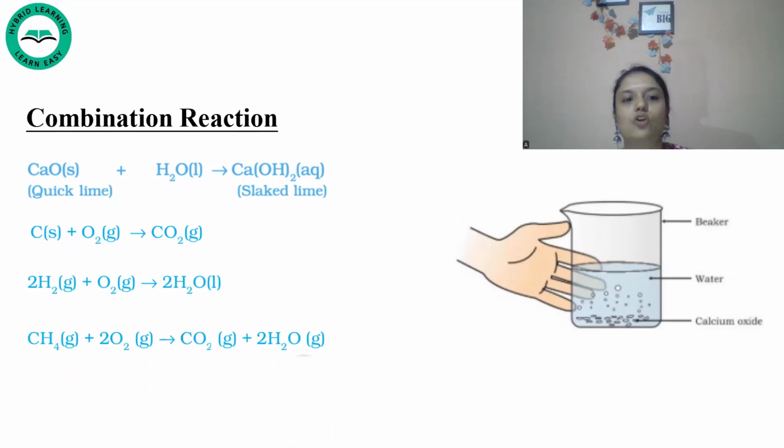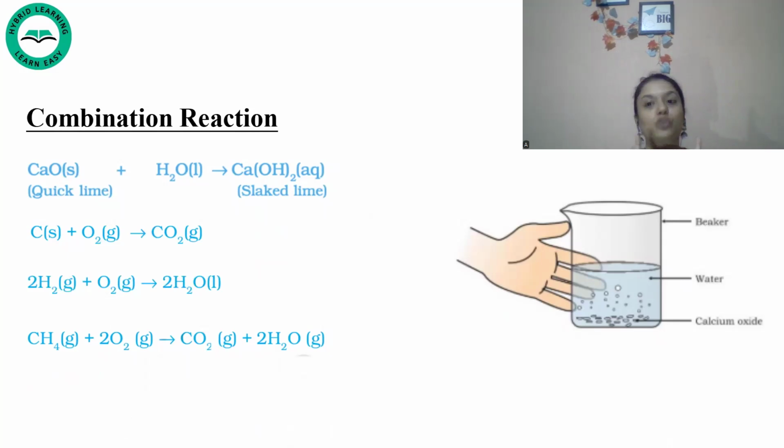Carbon plus oxygen gives carbon dioxide. H2 plus O2 gives 2H2O. CH4 plus 2O2 gives CO2 plus 2H2O. Now here, CH4 is nothing but methane, which is an organic compound, or rather we can say a hydrocarbon. This is a very important example because when you burn methane in the presence of oxygen, it forms carbon dioxide and water.